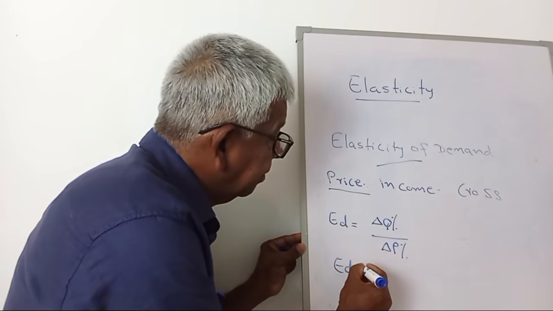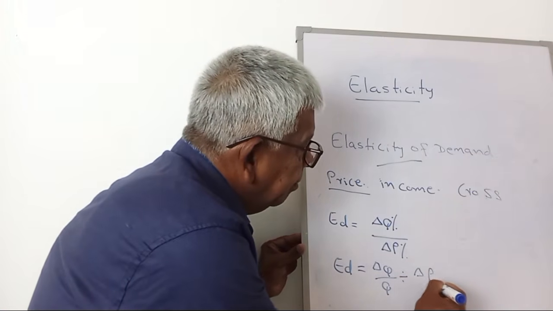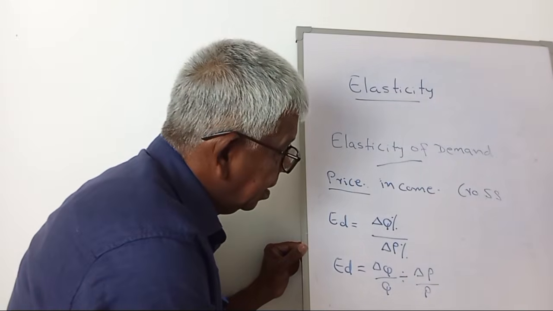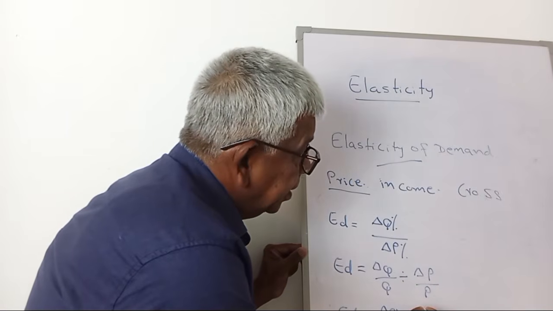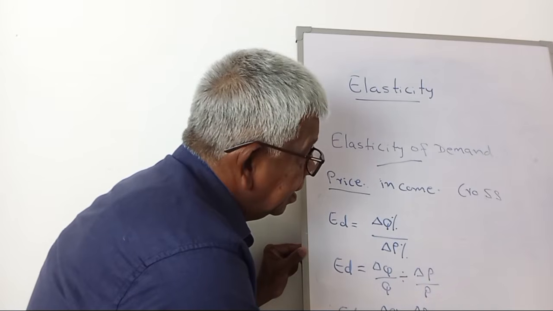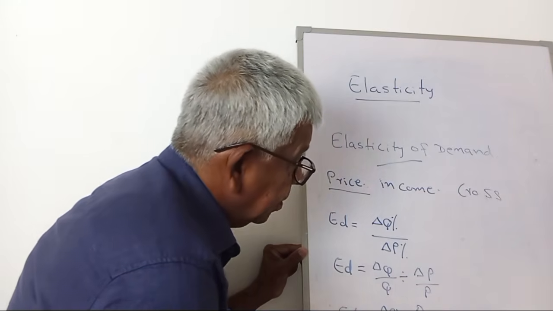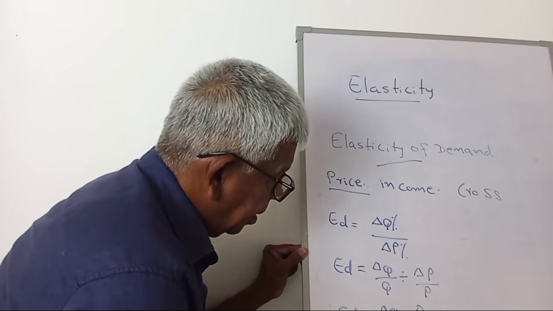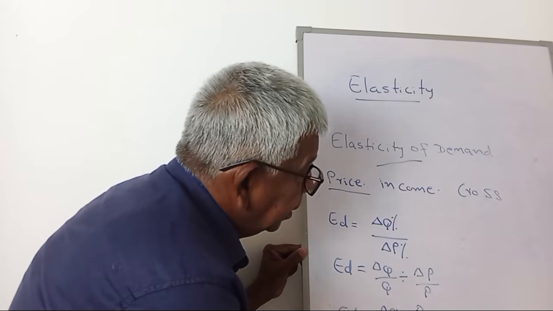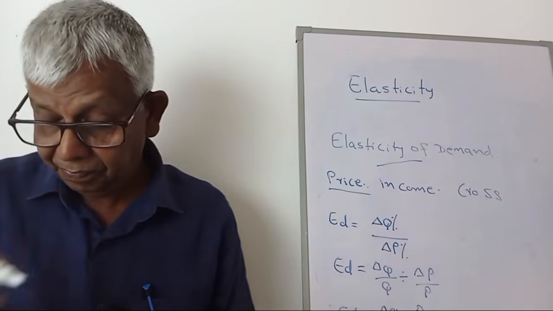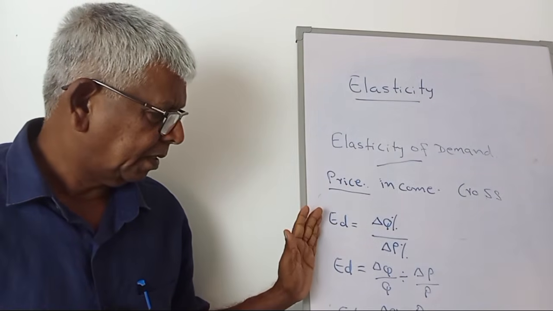So, elasticity of demand equals delta Q divided by Q, divided by delta P divided by P. It's equal to ED equals delta Q divided by Q multiplied by P divided by delta P. Finally, delta Q divided by delta P multiplied by P divided by Q. It's the same formula.